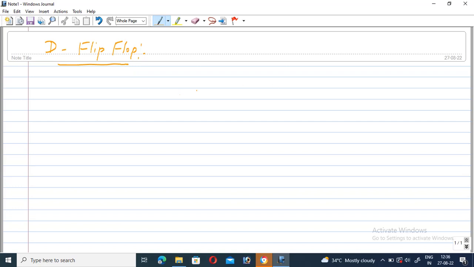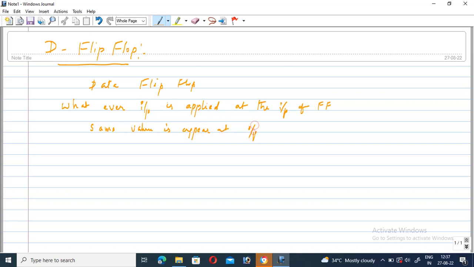Generally, D flip-flop means data flip-flop. Whatever input is applied at the input of the flip-flop, the same value appears at the output of the flip-flop.